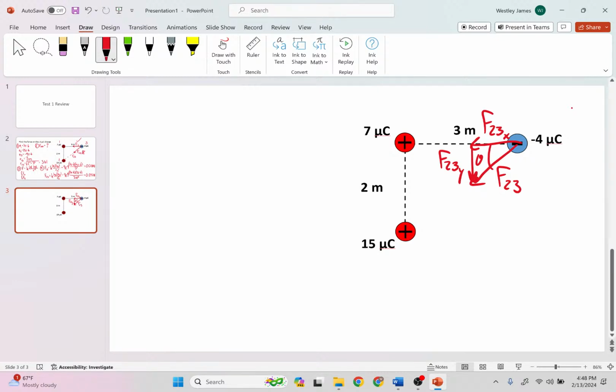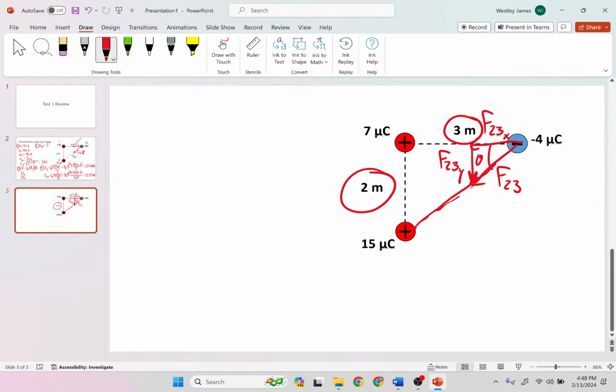And this is where you'll remember your trigonometry. I have similar triangles that share an angle. If I just connect that, you can see I have a big old right triangle that shares that. So I have this big old triangle with a side of 2 meters and 3 meters. I can find the angle from that.